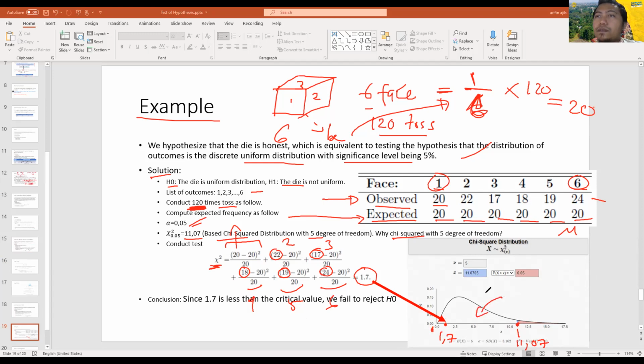And then based on this statistical test, the location of 1.7 is inside of 95%. So we fail to reject the null hypothesis, or equivalently we accept the null hypothesis, because the location is here. Otherwise, if the location is here, we should reject the null hypothesis.